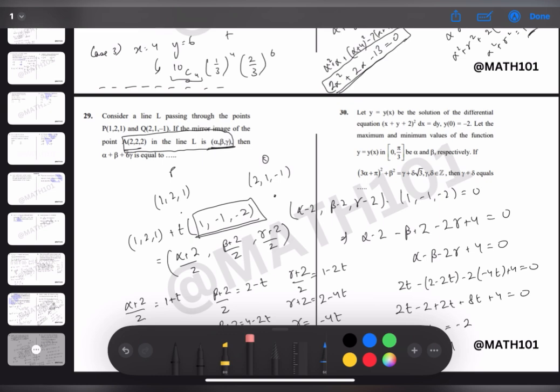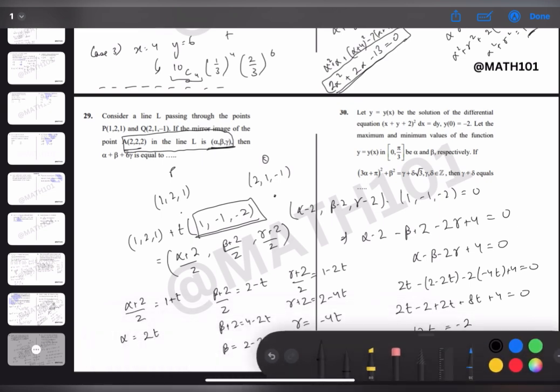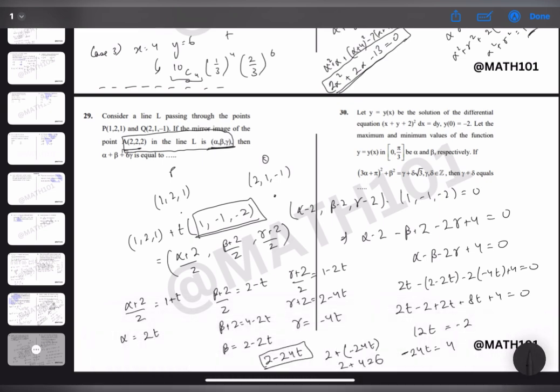What we have done is, we first found the midpoint by simply averaging the coordinates, and then we satisfied this on the line to get alpha, beta and gamma in terms of t. Then we took a vector in the direction of L by subtracting this point from this point.